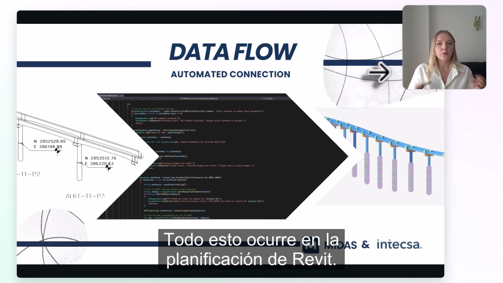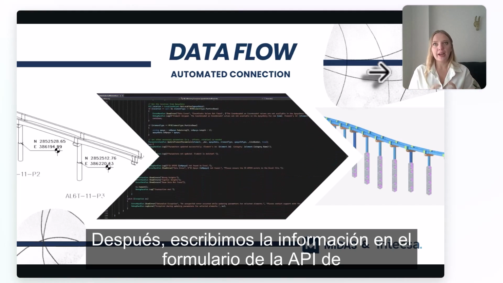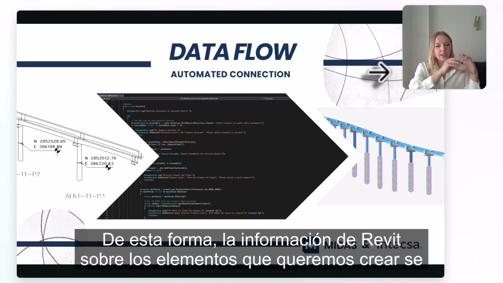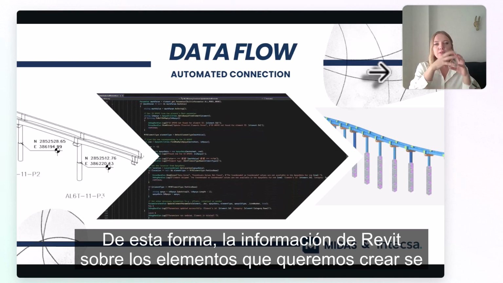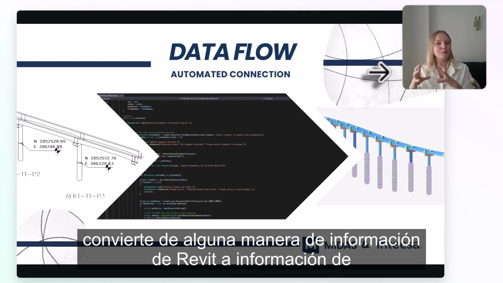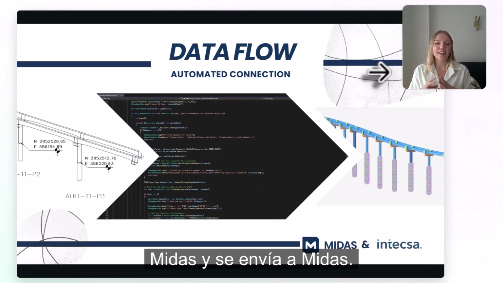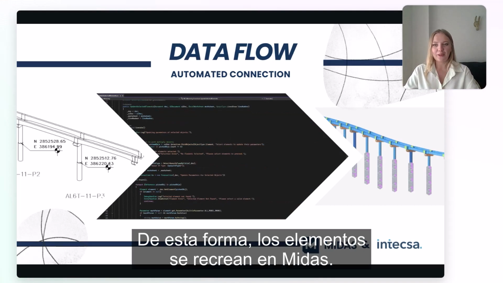And after this, we write the information in the MIDAS API form and send it to MIDAS. And like this, the info from Revit about the elements that we want to create is somehow converted from Revit information to the MIDAS kind of information and sent to MIDAS. So like that, the elements are recreated in MIDAS. Okay.